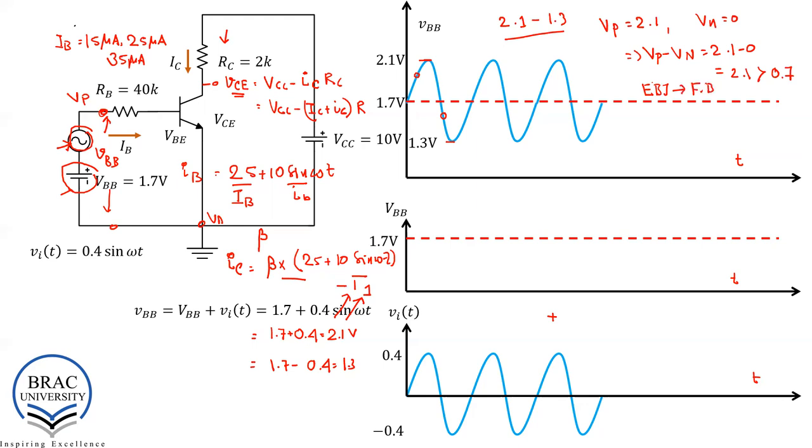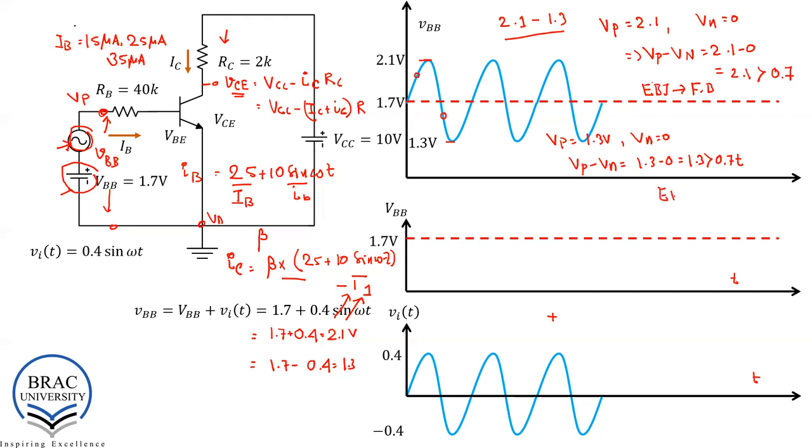So let's check again with the lowest voltage, and the lowest voltage occurs when Vi is equal to -0.4, so 1.3. So again, what is VP? VP is equal to 1.3 again, and VN is 0. So again, if I do VP minus VN, which is 1.3 minus 0, which is 1.3, greater than 0.7.